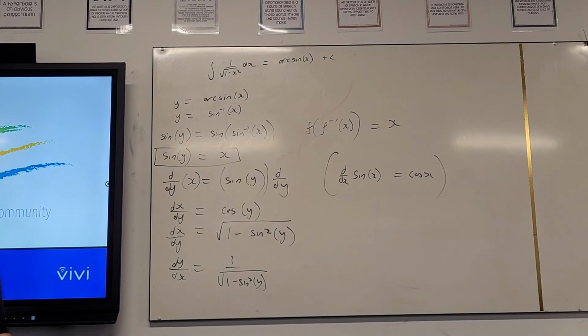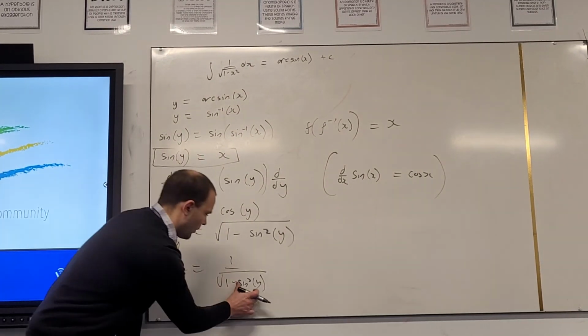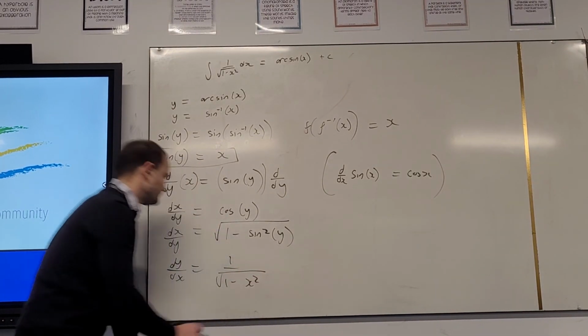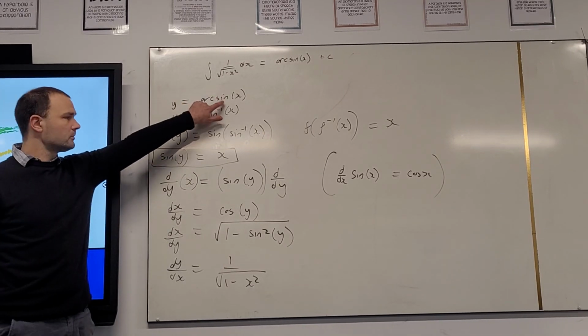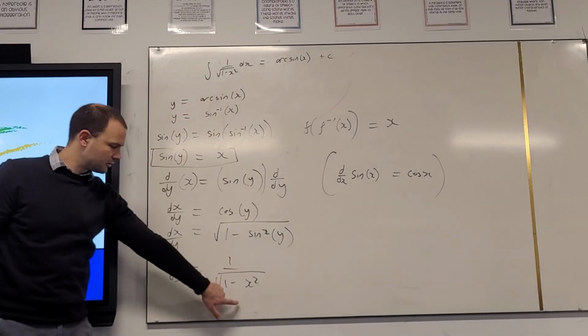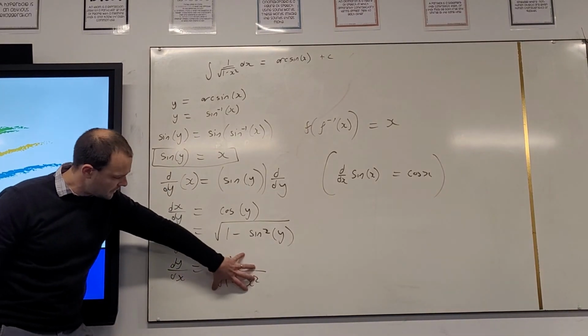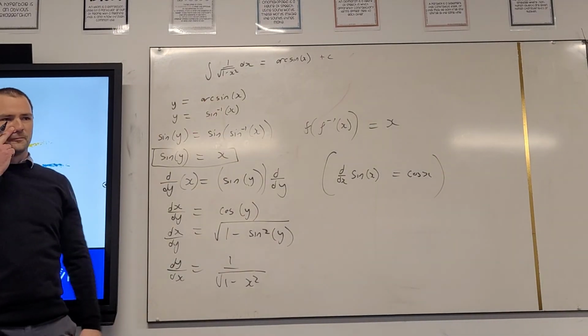So I might just rub that out to perform that substitution. When I perform this substitution, I've got 1 take away x squared at the bottom here. Okay, so what we've shown is that if this is the function, then this is the derivative. Therefore, if we integrate, this is what obtains. Okay? So that's a proof for it.